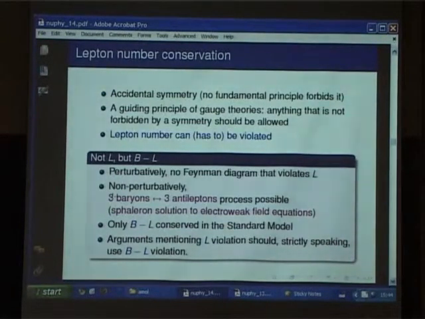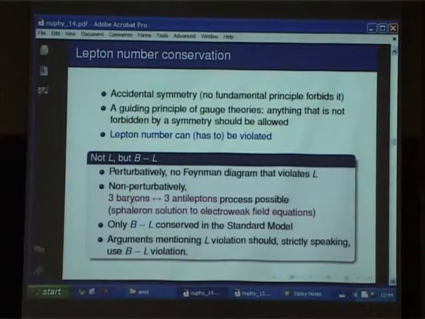But this is a point to be remembered, though it won't really come into play when we are doing the simple neutrino things that we want to do. However, this exists. This is a valid solution. What this means is that even this non-perturbative solution ends up conserving what's called B minus L, baryon number minus lepton number.